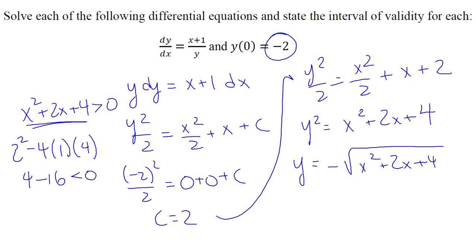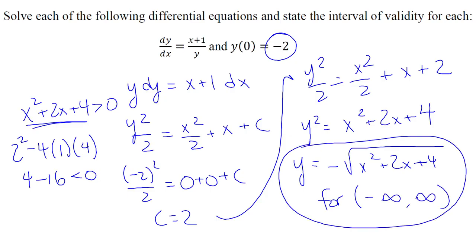So if it's never equal to 0 and it opens upward, there are no restrictions on it. This square root can never be of a negative value. So our interval of validity is going to be negative infinity to infinity.